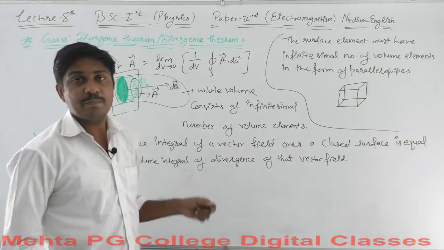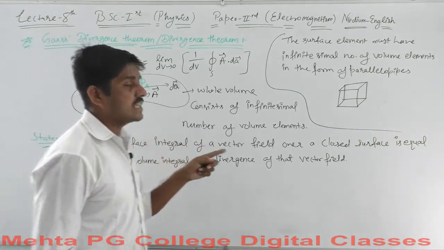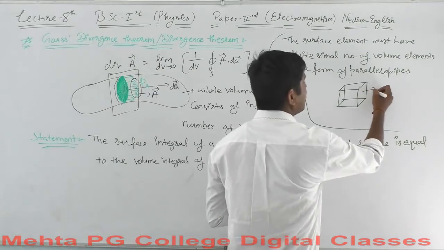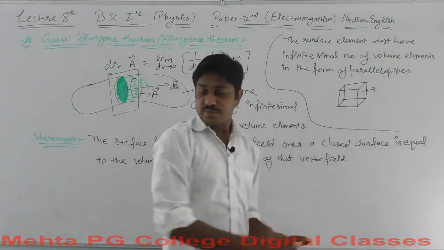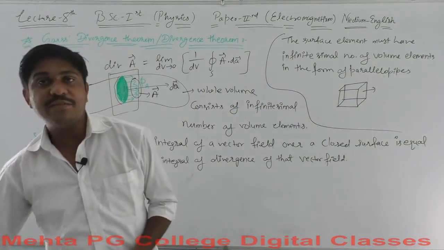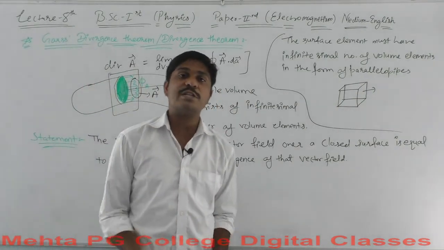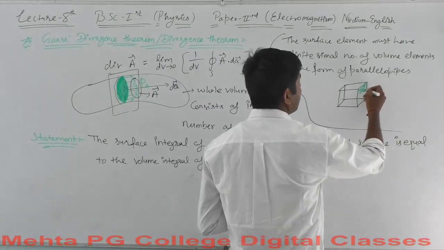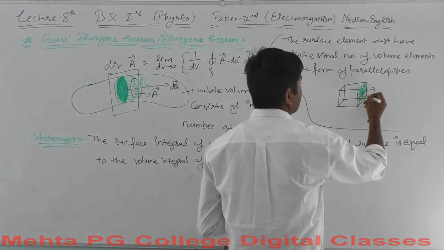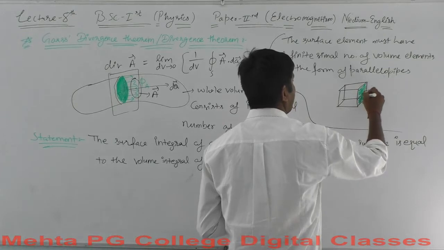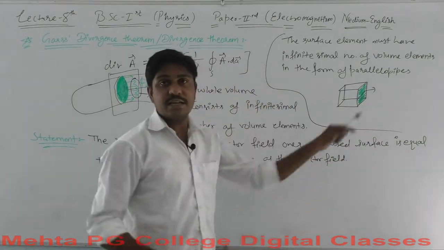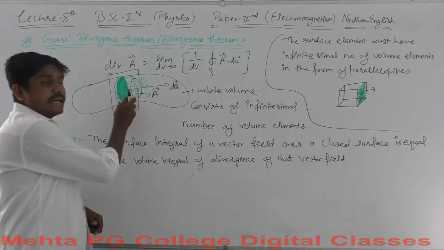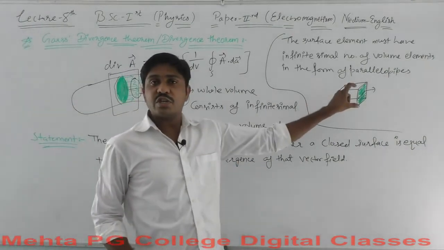Let me say the surface has all its surface elements in the form of parallelepipeds, say dAi. Let's say this is the face approaching you, because every surface element is made up of volume elements, and all the volume elements must have a surface element like this. This is the green face, and it has a large number of this kind of structures.